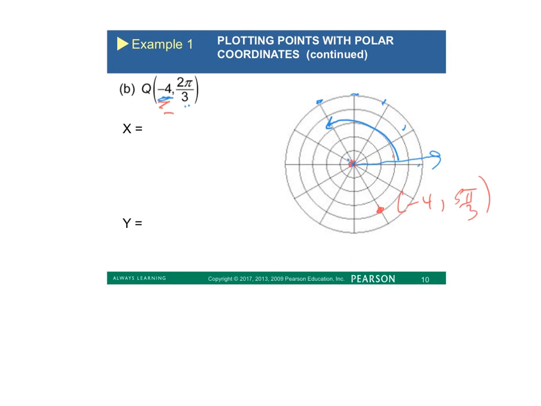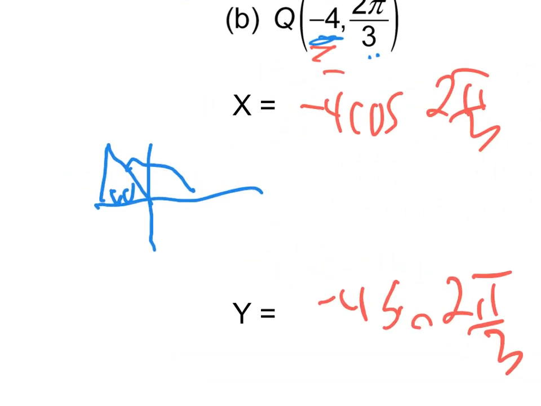I hope right now you're thinking, oh, I didn't finish this up. Let me do it. X equals -4 cosine of 2 pi over 3. Y equals -4 sine of 2 pi over 3. And now we're at 2 pi over 3, so we have to remember that that's in quadrant 2. So that reference angle, if it went to 120 degrees, then that's a 60-degree angle here. Okay, so it's important to realize that that's my reference angle as I opened up.